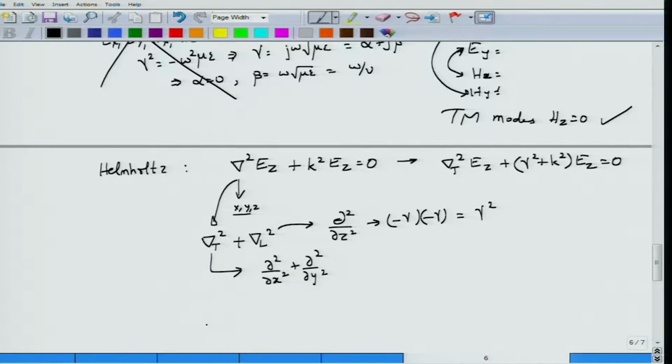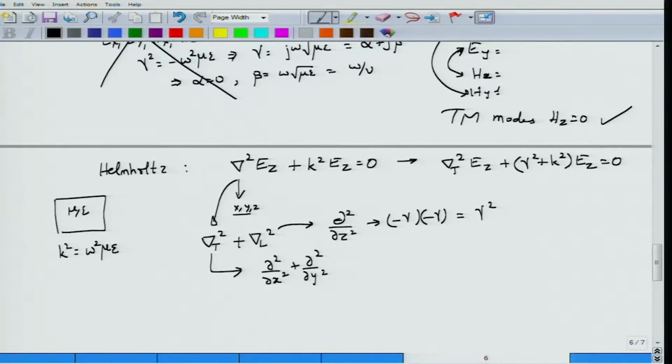Okay, so this is what we wanted to write down, but I already know what k square is, because I have this waveguide which is filled with mu and epsilon materials. I know k square must be equal to omega square mu epsilon, correct?